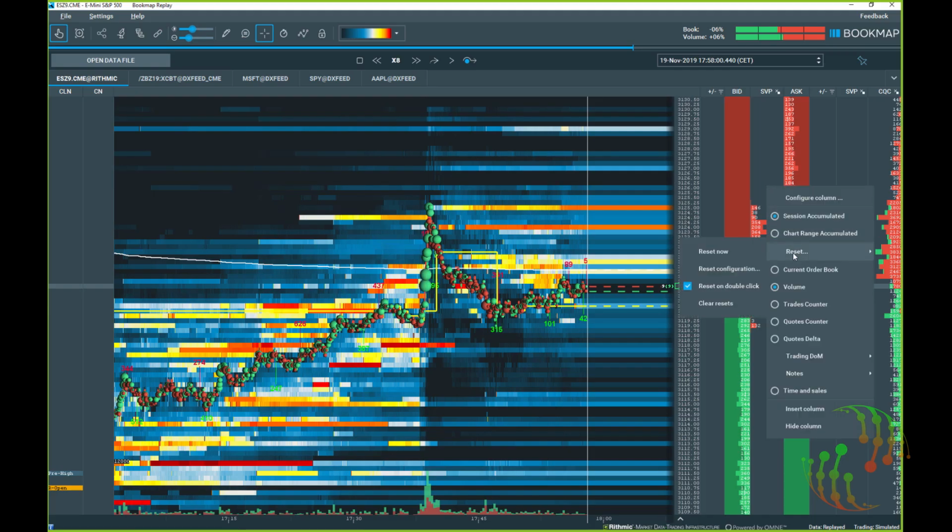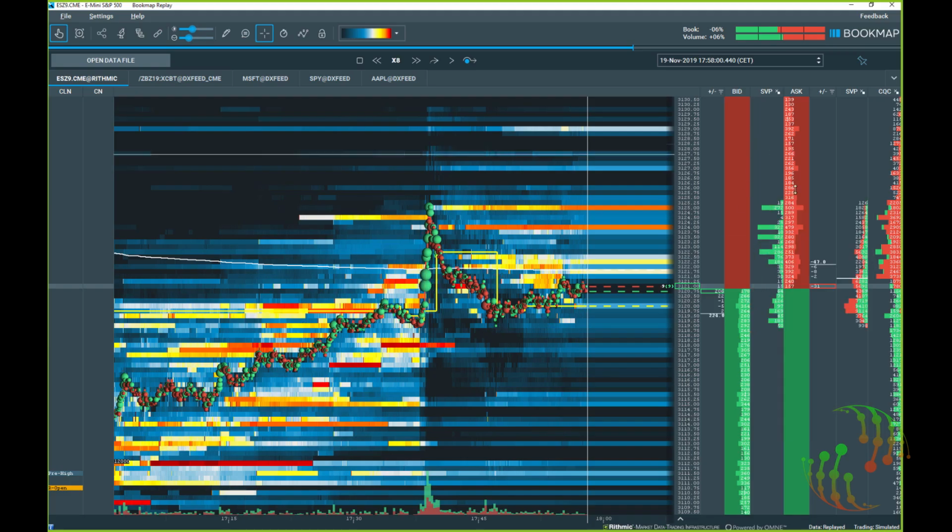This menu opens, then go to reset, click on reset, and check reset on double click. So you have a good control mechanism if you want to go deeper and understand what is really going on here to make your studies. You can double click and reset everything, and then you see exactly what was traded in this area.